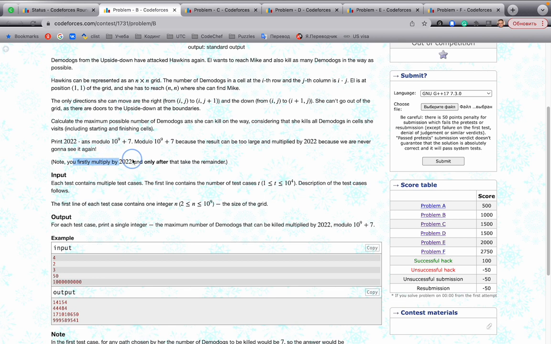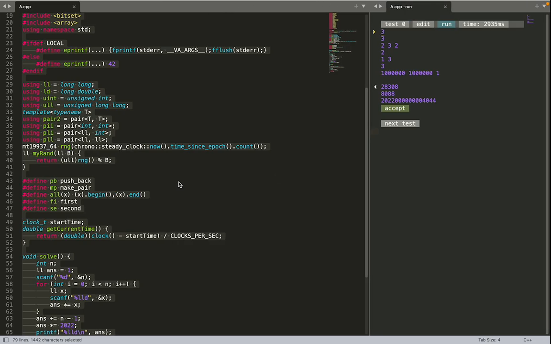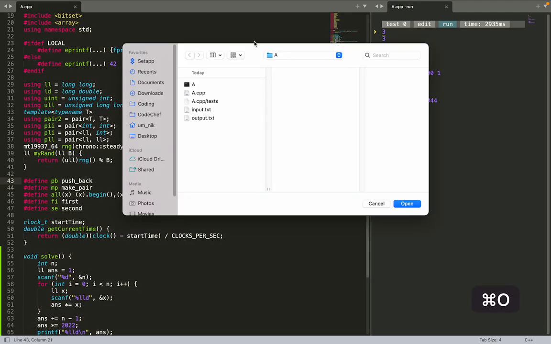First multiply by this and then take the remainder. Sure. Whatever you want, guys. Actually, this is divisible by 6, right? So the answer is an integer.